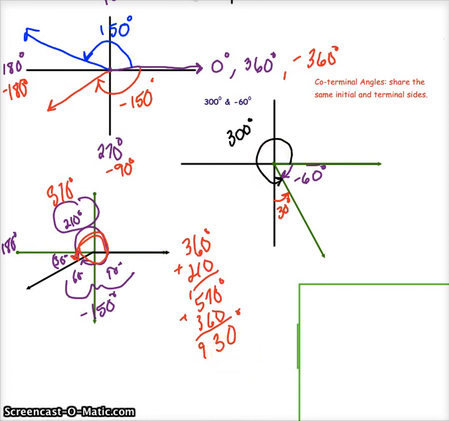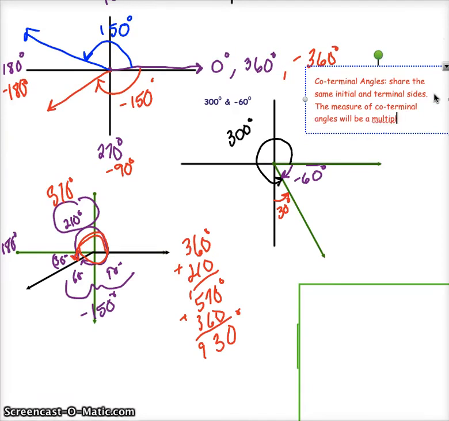So an additional concept that you need to understand about coterminal angles is that the measure of coterminal angles will be a multiple of 360 degrees apart. And that's important to note.